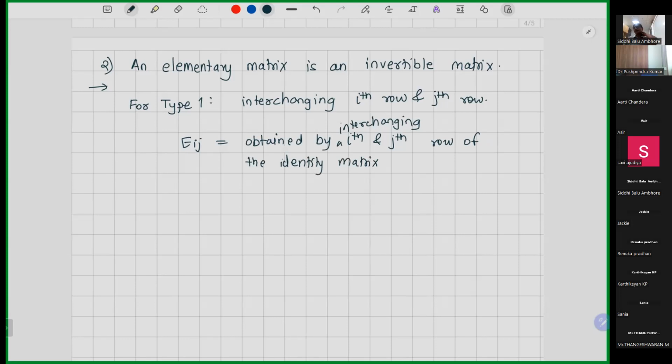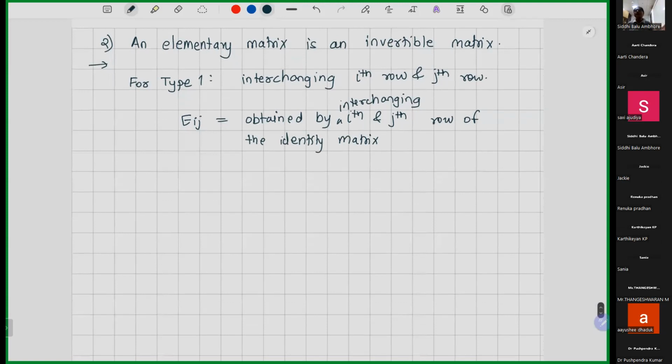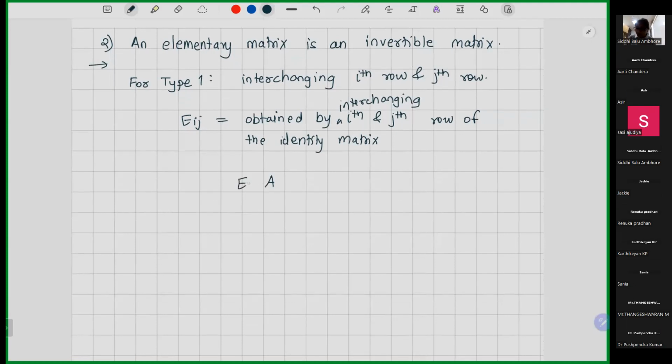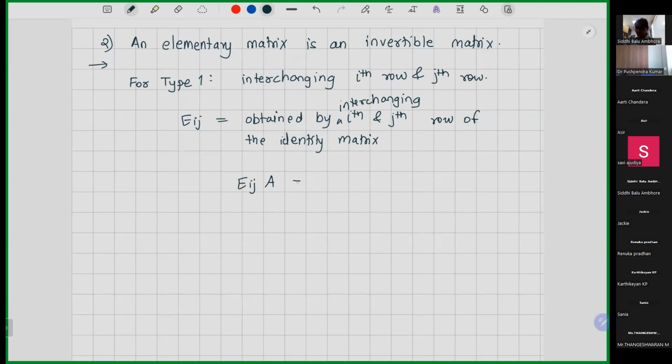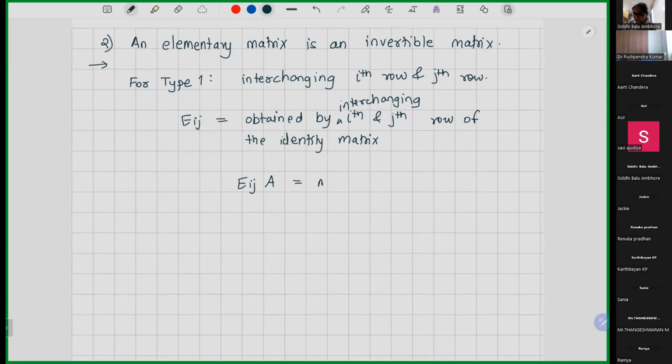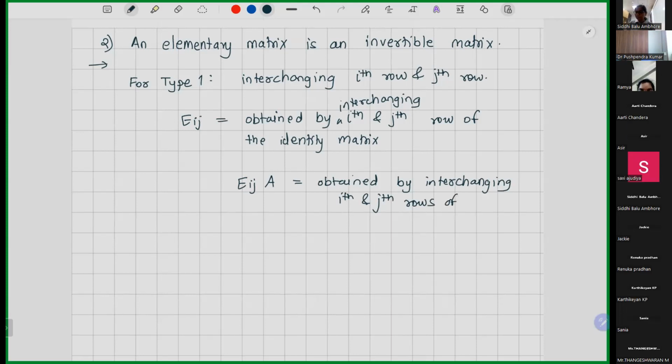So understand that when I multiply a matrix by some elementary matrix, that is, pre-multiply. For example, if I have some matrix A and I multiply it by this elementary matrix Eij, the resultant matrix is obtained by interchanging the ith and jth rows of A. Okay, so the resultant matrix is of this form.